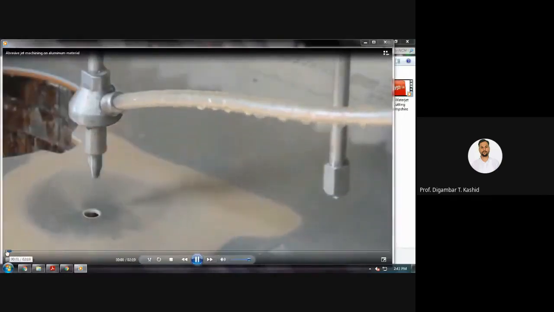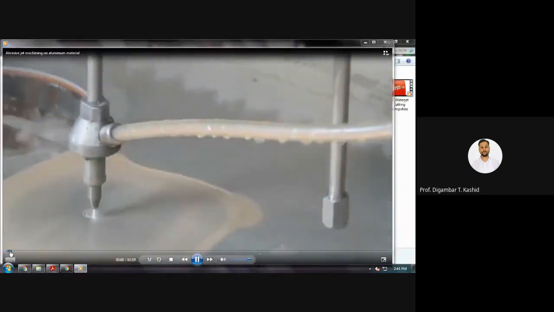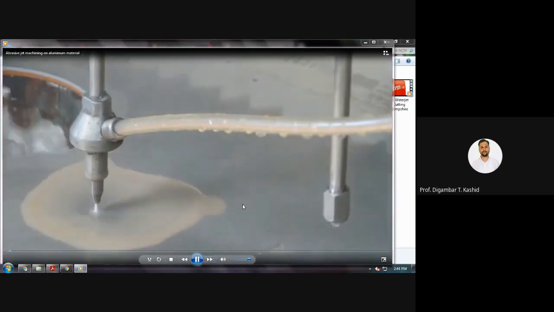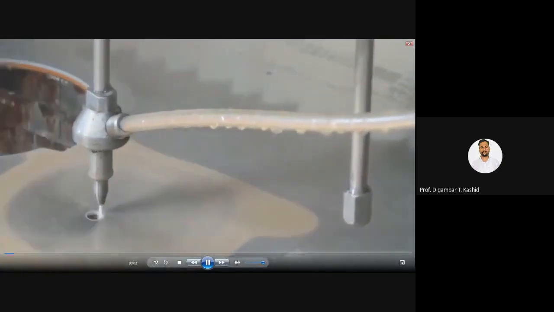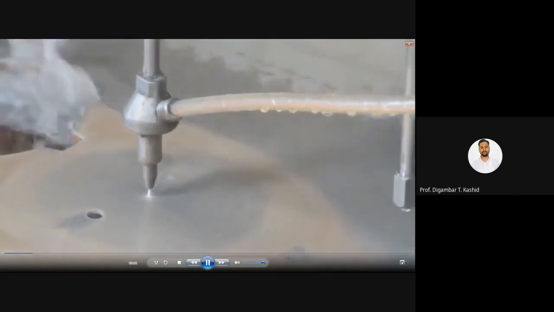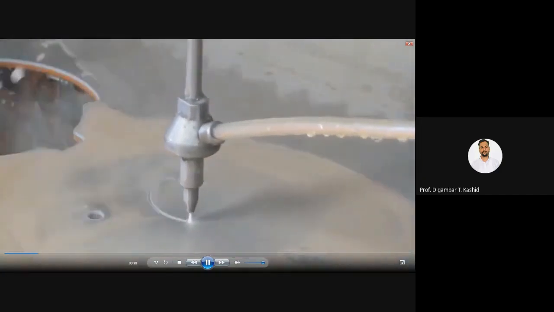Here, one practical application is there: abrasive machining on aluminum material. Okay, you can see. This is the abrasive jet machining.